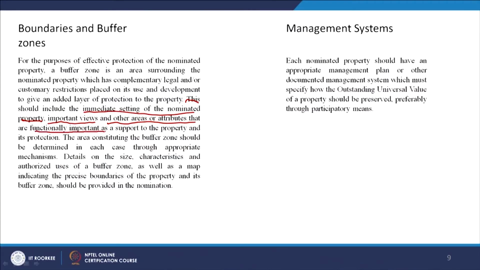And other areas or attributes that are functionally important as a support to the property and its protection. Imagine you have the heritage property and someone wants to set up an industrial zone next to it. Obviously it is going to create certain impacts on the property. There is a very real chance that it might deteriorate the fabric of that place.